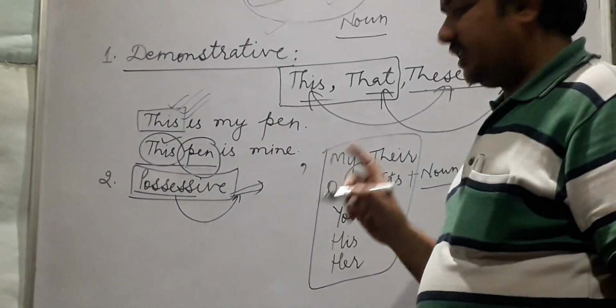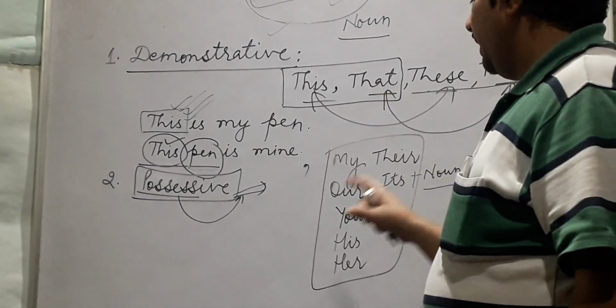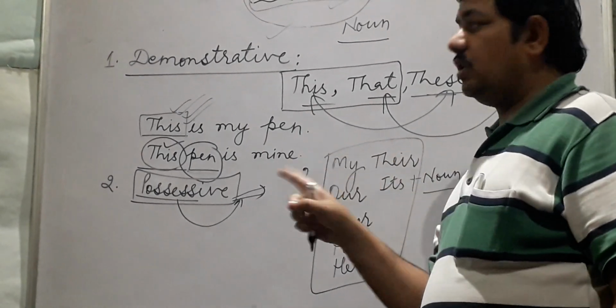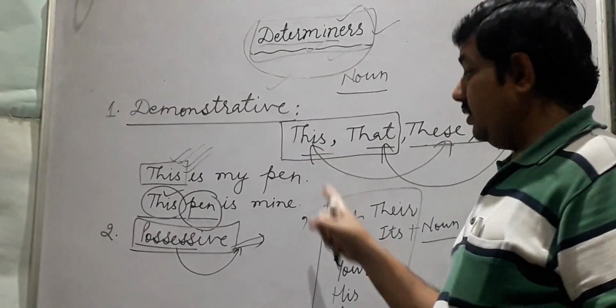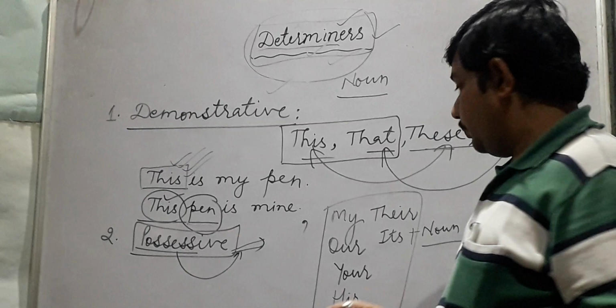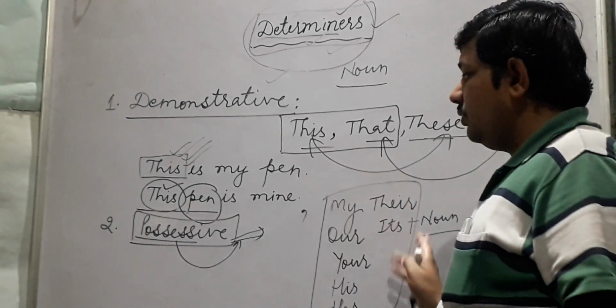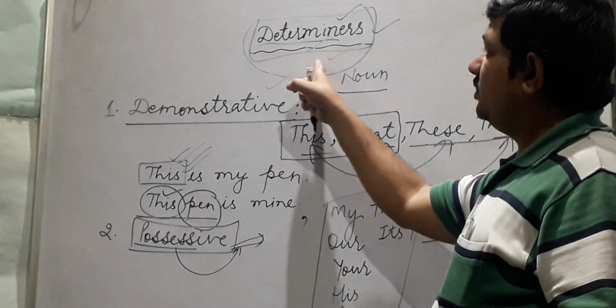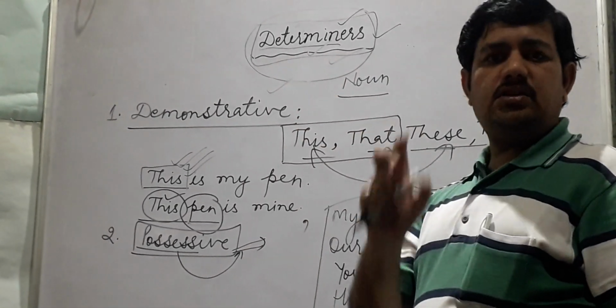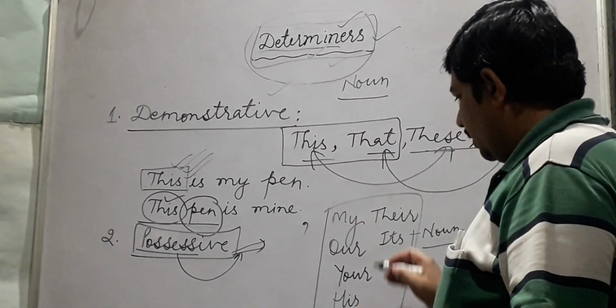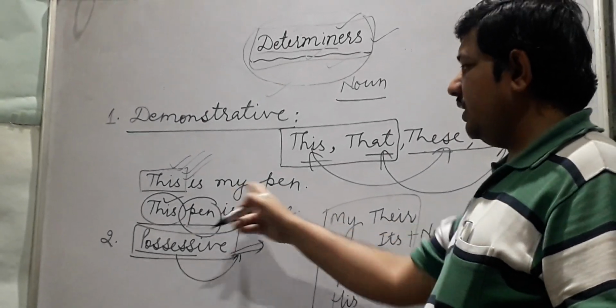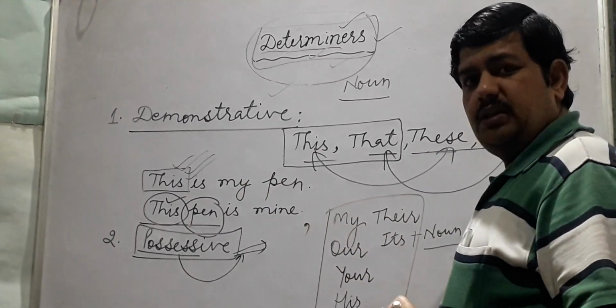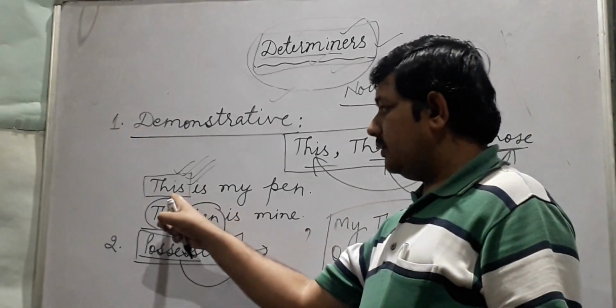Possessive adjective means any word that comes just before a noun. I told you this definition in the beginning of determiners: any word that comes just before a noun is some sort of adjective, and these are some sorts of adjectives also. See, the same sentence I use to explain this: this is my pen.